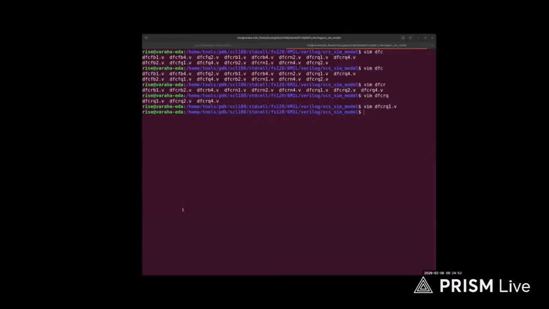Okay. In netlist, what all components do you have? What is available inside the netlist?